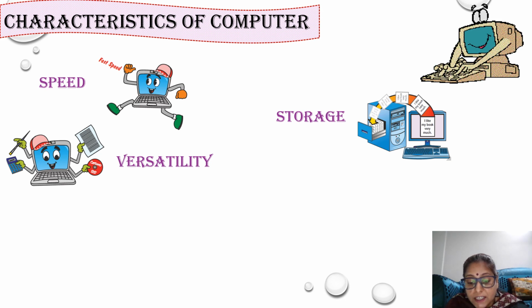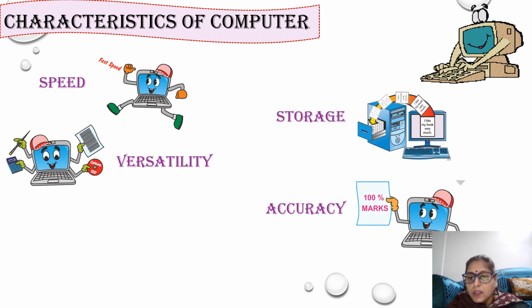It is not just a calculating machine anymore, right? A computer can perform a variety of tasks efficiently. Right? Means it can do different kinds of work at the same time. Okay, this is the third feature of computer.